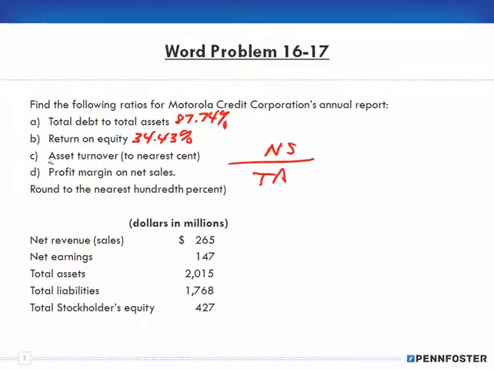I realize that just looking at those words doesn't intuitively give you the formula; it's a little bit more of a struggle to think about what the formula should be. But we're talking about my asset turnover. Well, my assets are my total assets, and I'm going to measure how much that turns over, and my turnover is what I'm selling. It's the sale. So it's my net sales over my total assets.